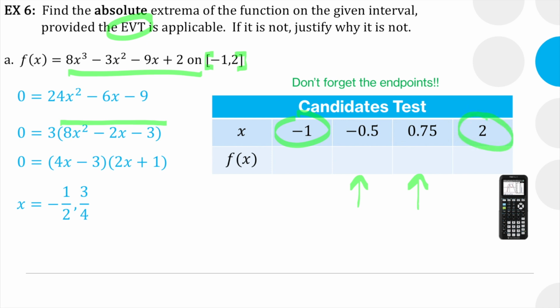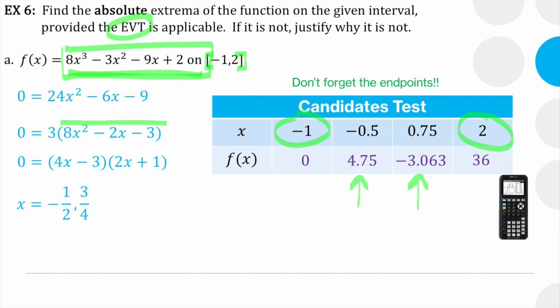Now you can use your calculator to plug in each of these critical values to the original function. So if you plug in -1, you get 0. If you plug in -0.5, you get 4.75. 3/4 gives you -3.063. And 2 gives you 36.